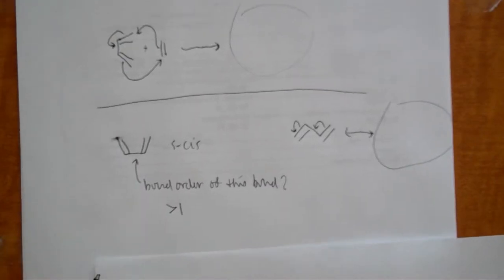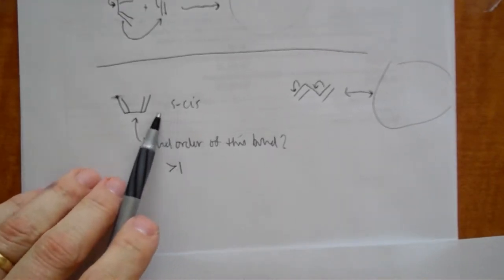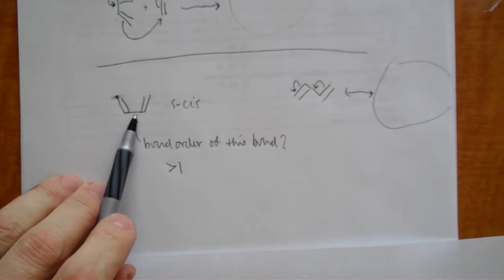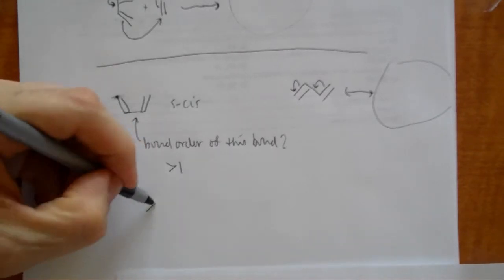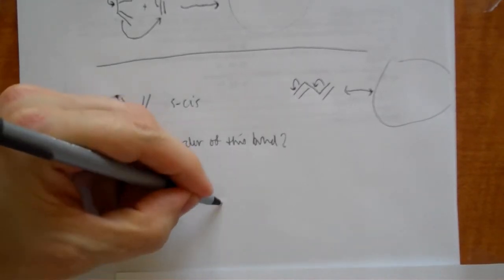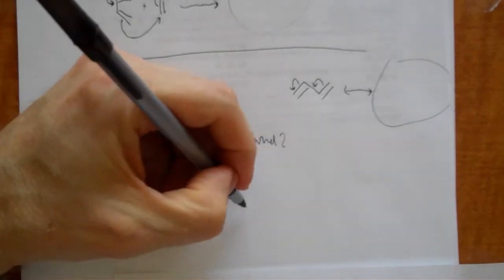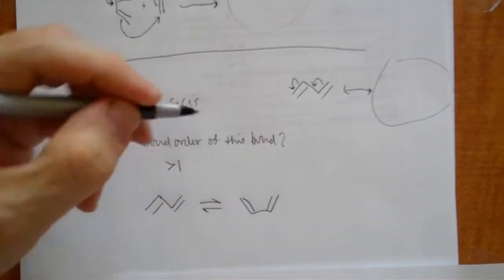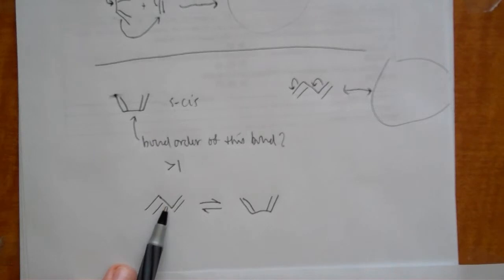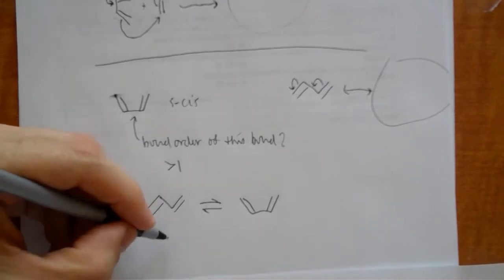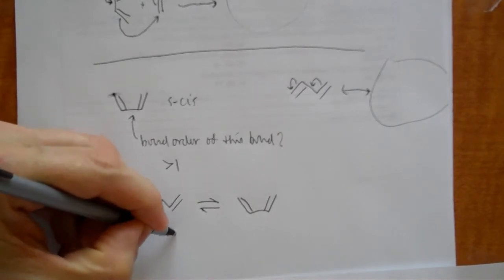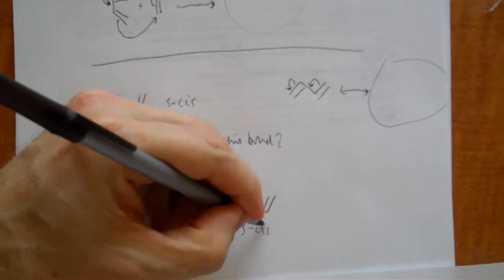It's greater than 1. So, what does that mean? That means that there's some resistance to rotation here. You can go from here to here, okay? But there is not free rotation about that bond because the bond order is greater than 1. So therefore we have a name for this: S-trans and S-cis.